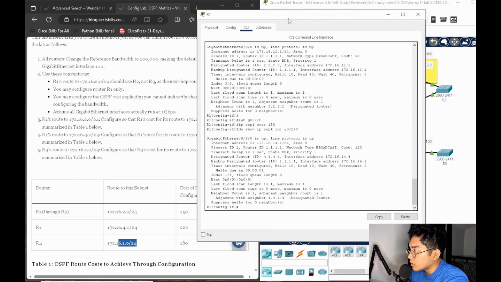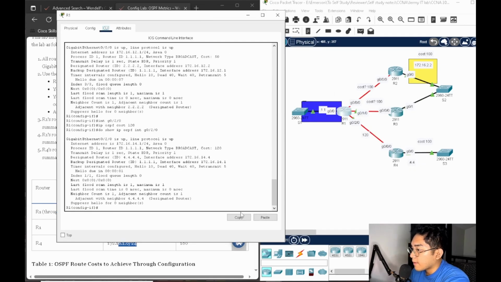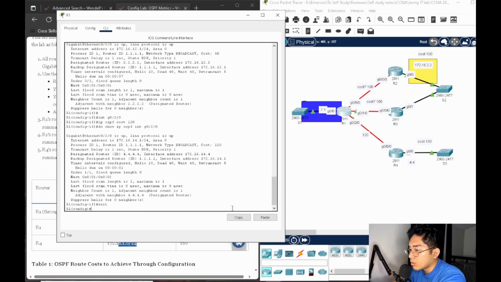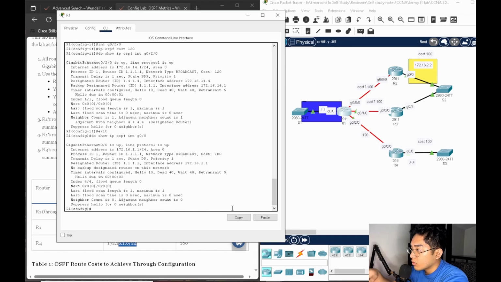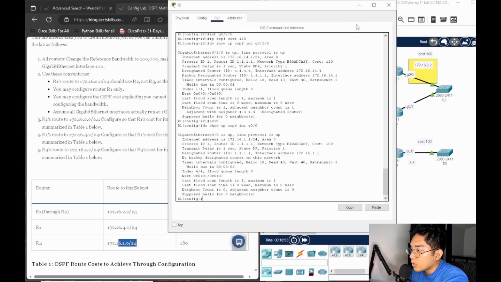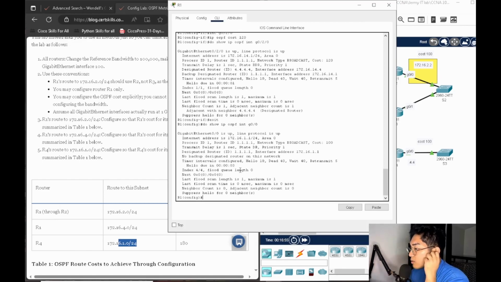First, let's check the cost. The interface cost is 100, total cost is 200. We want it changed to 180.